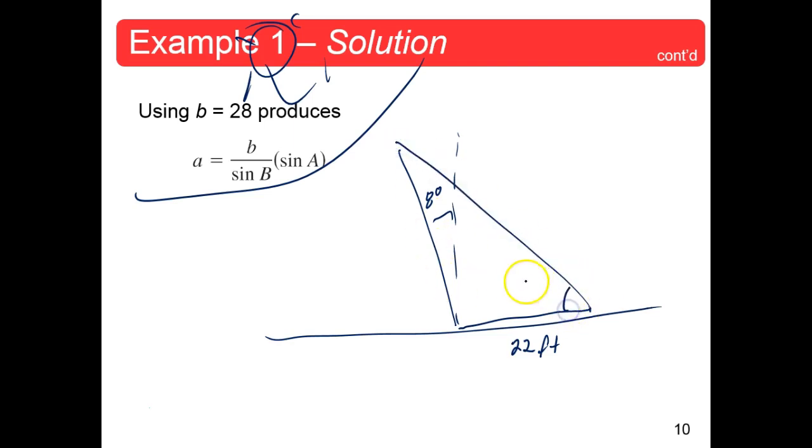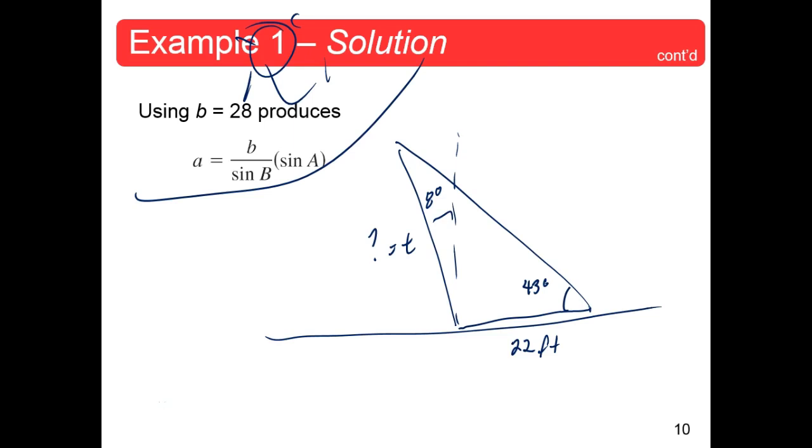So this angle is 43 degrees. Draw your pictures. How tall is the pole? What we're looking for is this side here. Let's call it T. Oh, they're probably going to call it A, B, or C. I don't know.